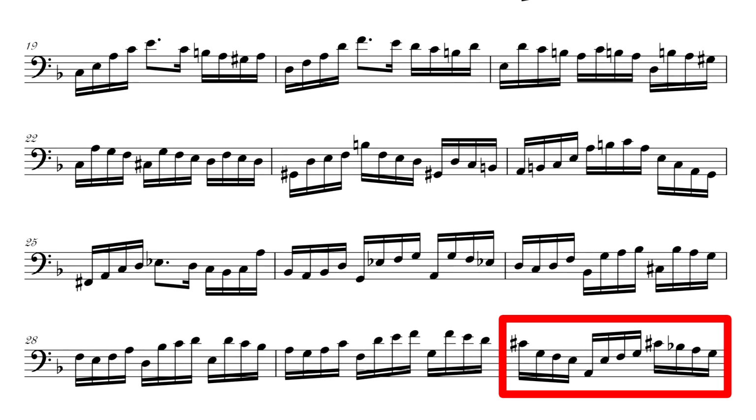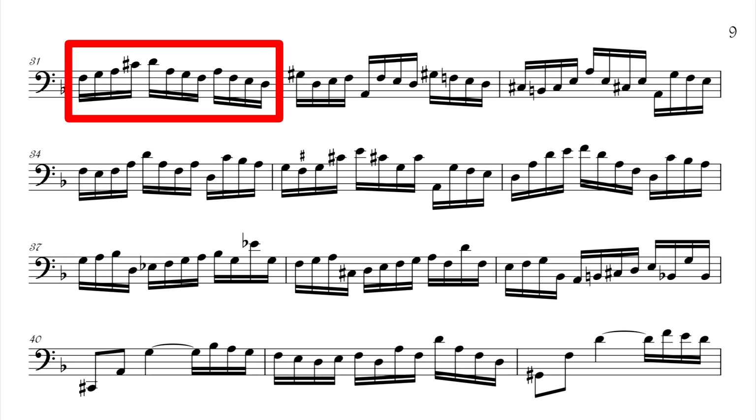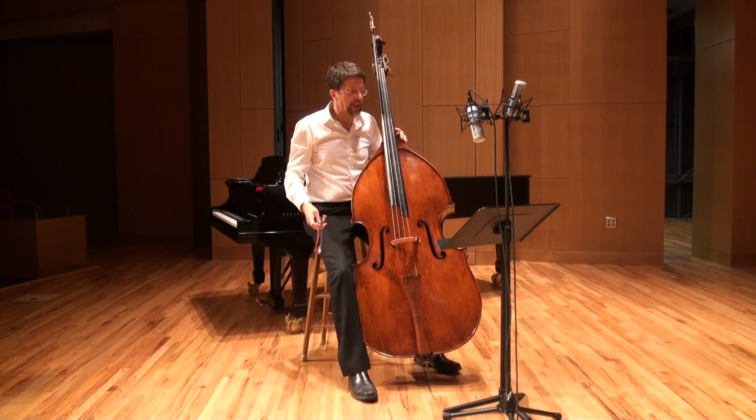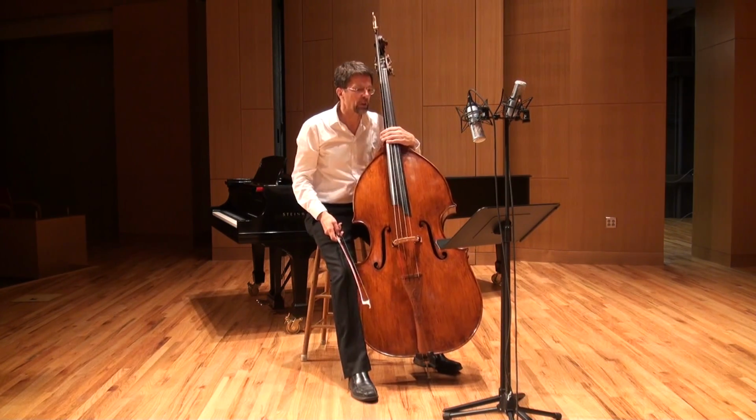Let's look at this same concept now in bar 30. We've had a sequence coming up to this bar. Okay, what's going on there? Is there anything of particular importance?